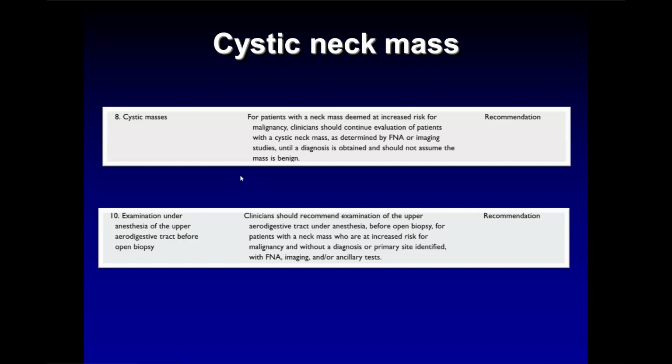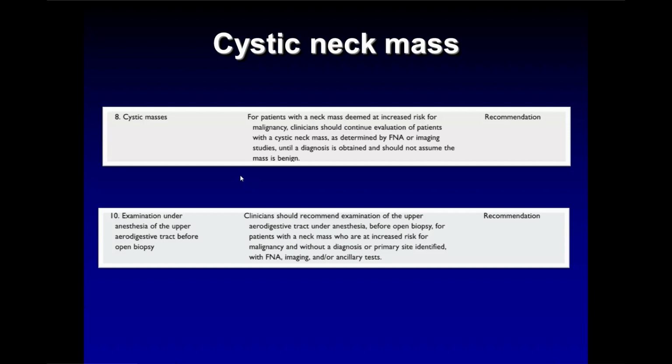That includes a direct laryngoscopy, biopsies of the base of tongue, biopsies of the tonsil area. Sometimes it requires a tonsillectomy in order to convincingly, definitively rule out malignancy of the upper aerodigestive tract. If that is negative, then at that point, embark on an open biopsy.